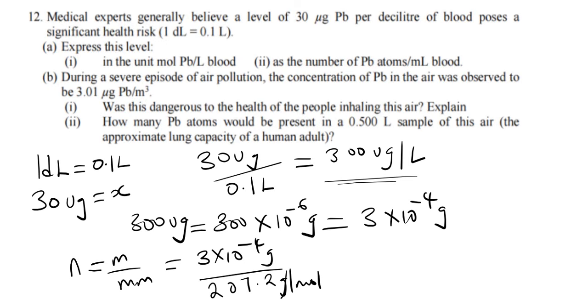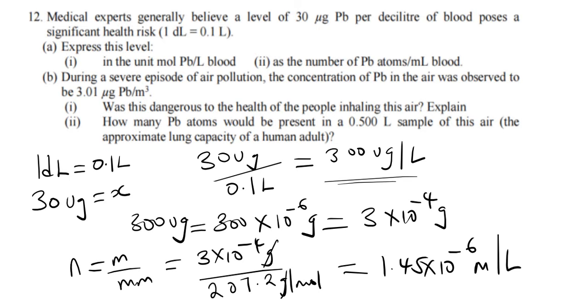The grams cancel, then you divide the two: 3 times 10 to the power negative 4 divided by 207.2. I'm getting 1.45 times 10 to the power negative 6 mole per liter. So that is what I have in terms of moles per liter.